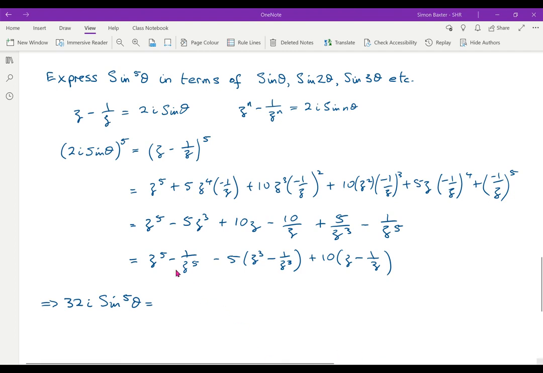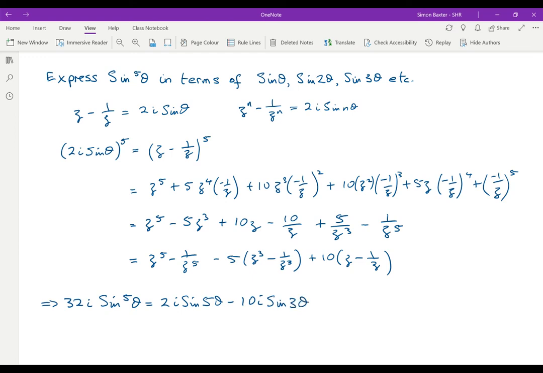The first one here is 2i sine 5 theta. The next one is 2, so that's 10i sine 3 theta.